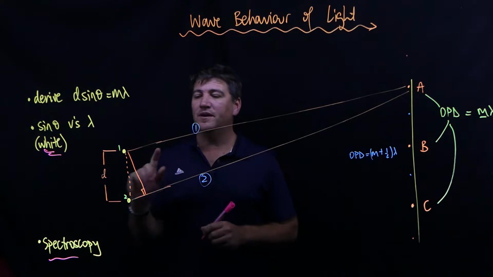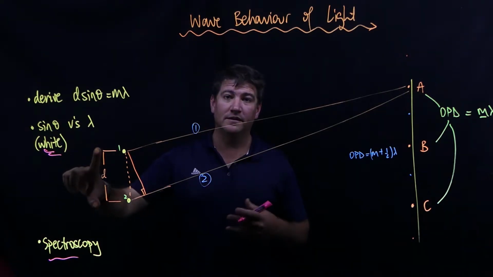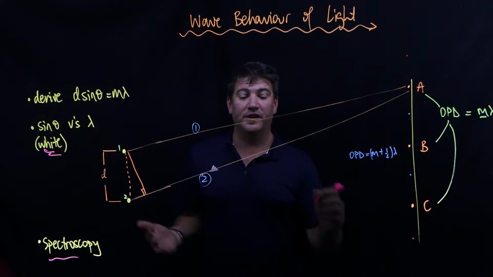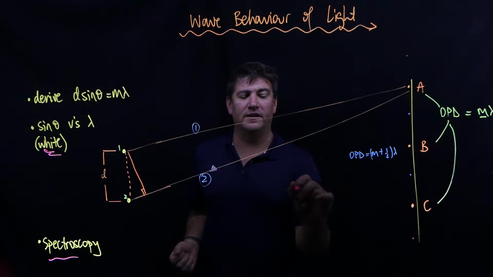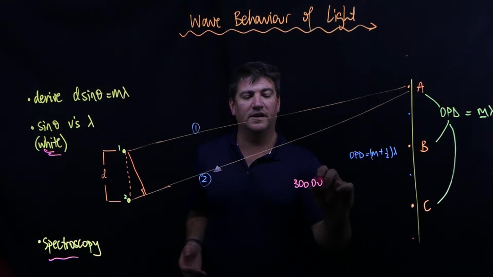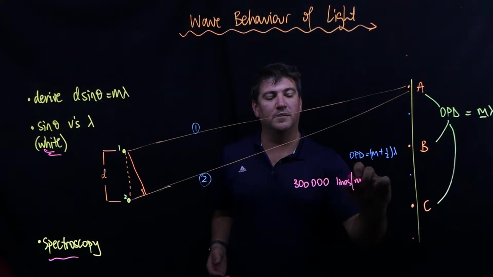Alright, so if we pass light through a diffraction grating, we can look at the distance between the slits in a diffraction grating as d. So we have a number of slits per millimetre. So let's say we're looking at 300,000 lines per millimetre.